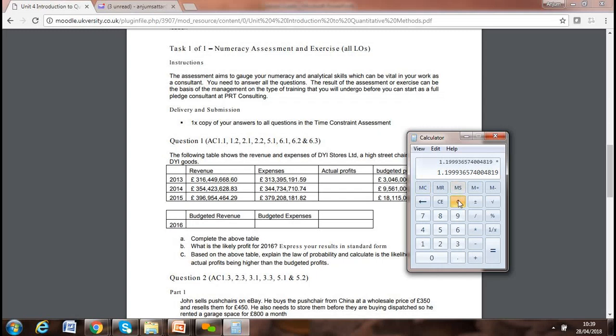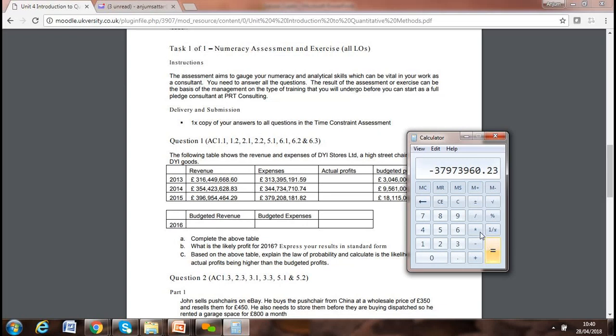So if I go through 2013 and 2014, 2014 minus 2013, that was my change between 2013 and 2014.